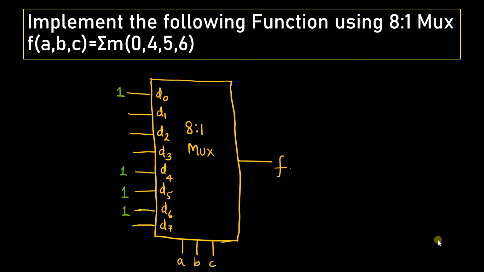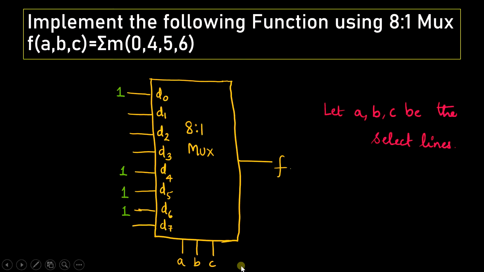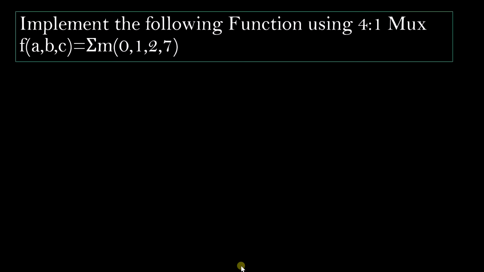Let us consider these a, b, c to be the select lines, and because the minterms are specified for 0, 4, 5 and 6, I am going to consider those input lines to be at logic 1. You can see that those inputs are marked in green color. And the remaining input lines will be equal to 0. So that completes the numerical.